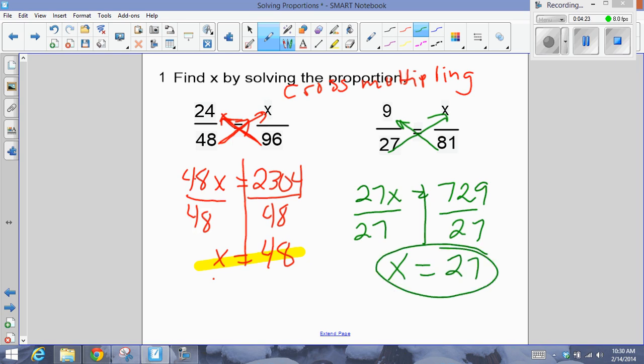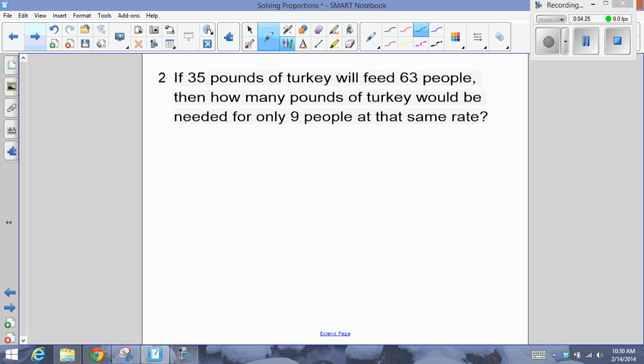X is 27. Now, we can use these proportions when we're given a word problem if we can make some comparison. So, let's see. Let's read this one here. If 35 pounds of turkey will feed 63 people, then how many pounds of turkey would be needed for only 9 people? So what am I comparing here?